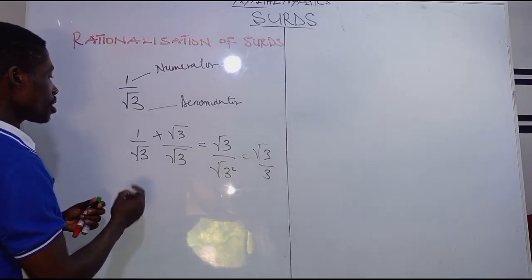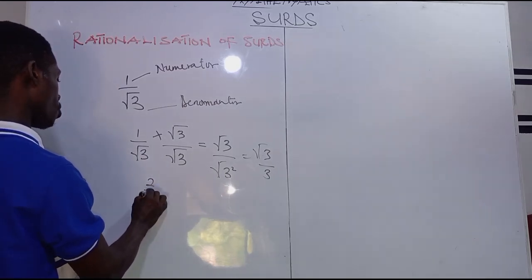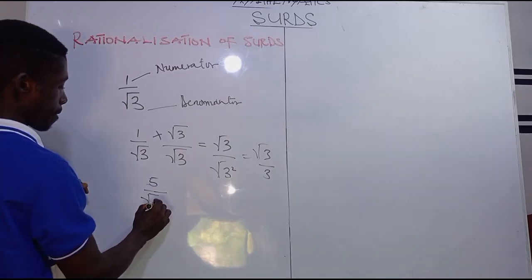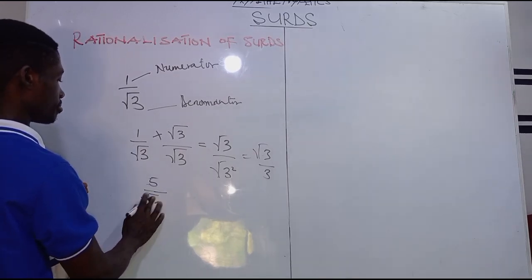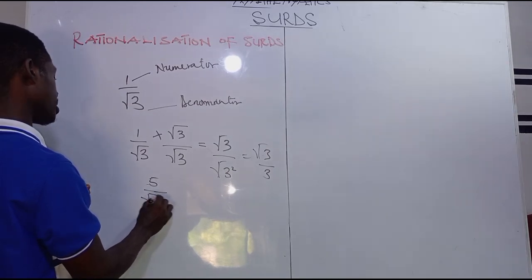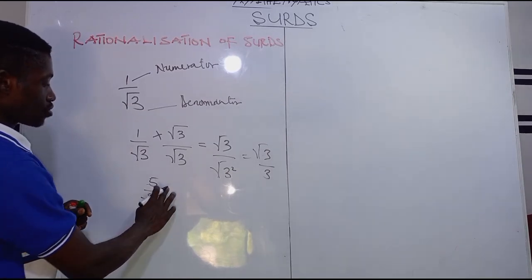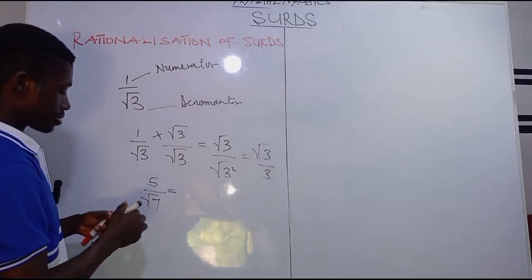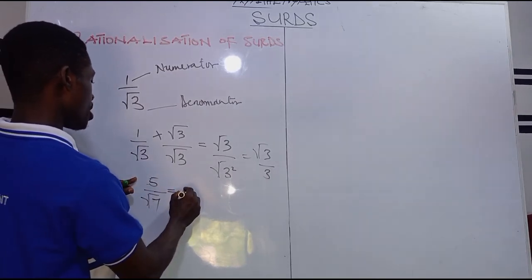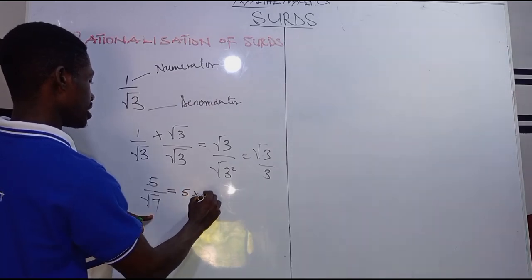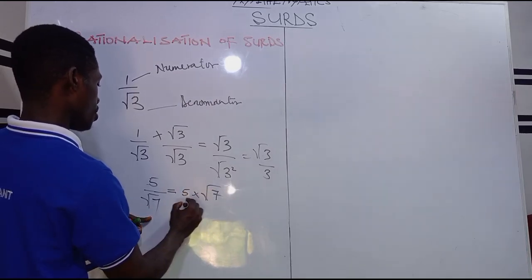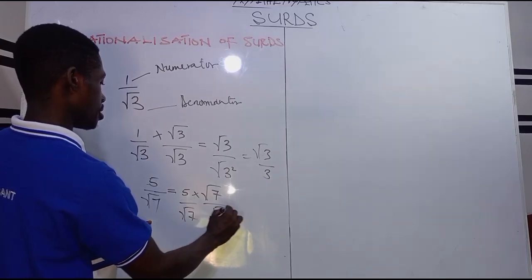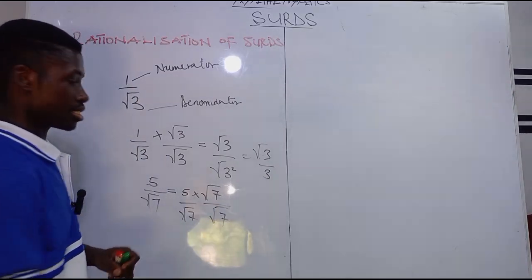So when you have, let's say, 5 over root of, let's say, 7, and we are to rationalize this, what we are going to do is multiply the numerator and the denominator by the denominator of the fractional set.